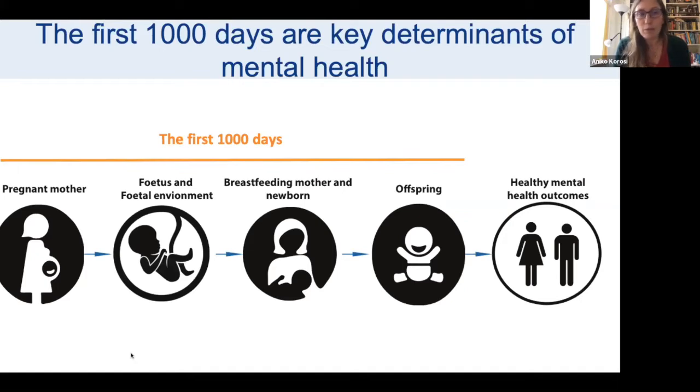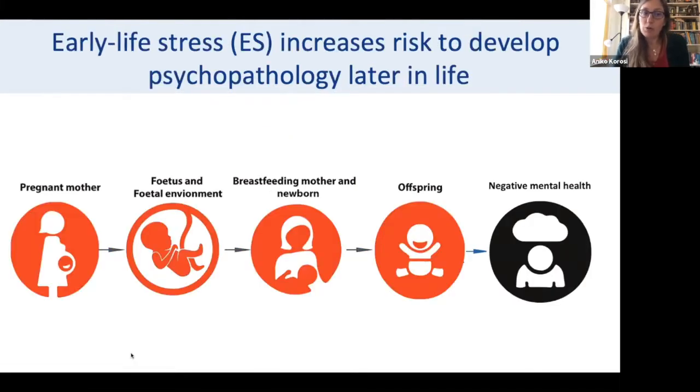So just to begin with, I would like to highlight that the first 1,000 days of life are key determinants of mental health. And maybe this is something that most of you know, but by the first 1,000 days of life, we really mean from conception up to about the first 2 years of age. This is a critical developmental period during which, if exposure to adversity occurs during either the prenatal or postnatal period, it will have lasting consequences on the risk of developing a psychopathology later in life.